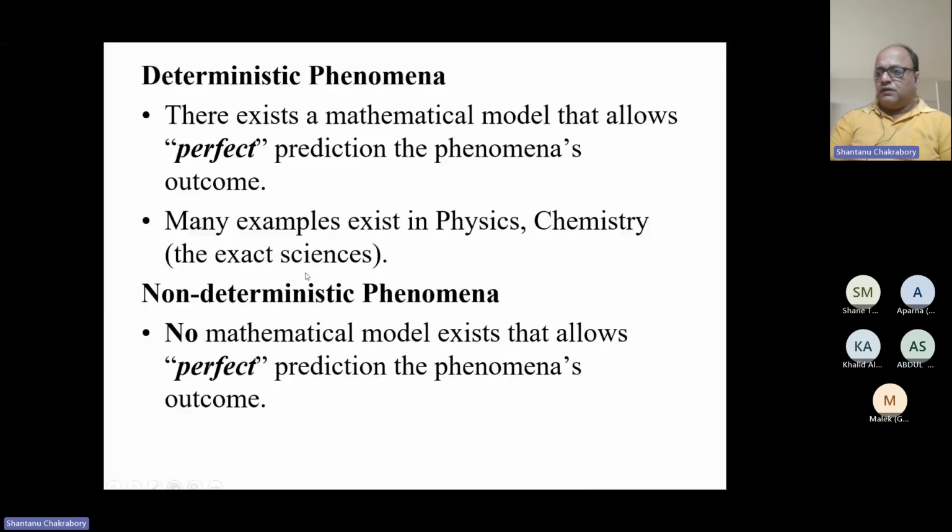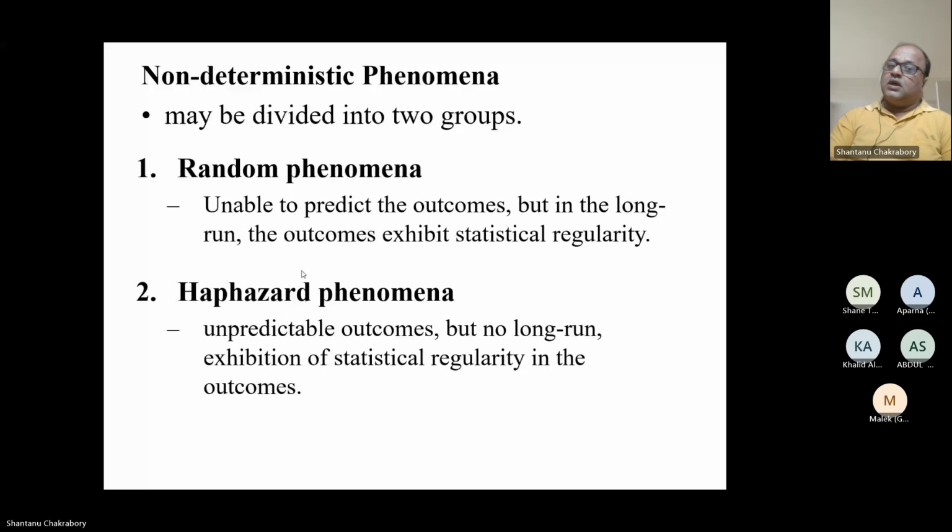One is the deterministic phenomenon, which allows a perfect prediction of the outcome. The other one is the non-deterministic phenomenon, which does not allow perfect prediction of the outcome. So there's no mathematical model for a non-deterministic phenomenon, but there is one for a deterministic phenomenon, right?